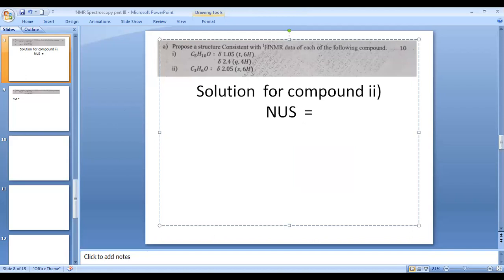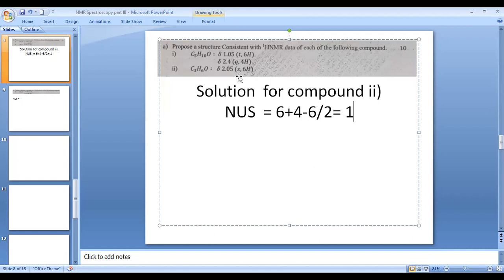Now you see here, 3 plus 1 minus 6 by 2 is equal to 1. Okay, one unsaturation is there.